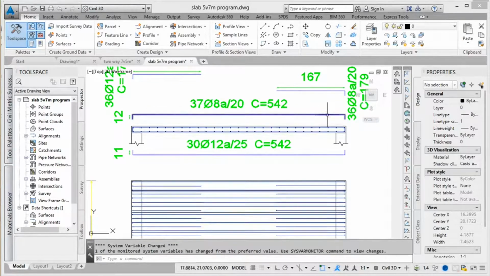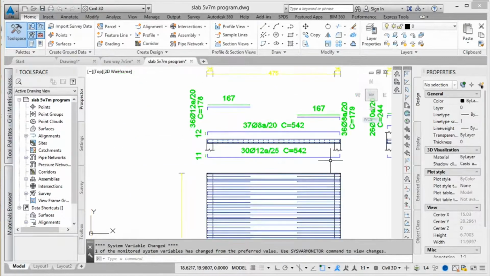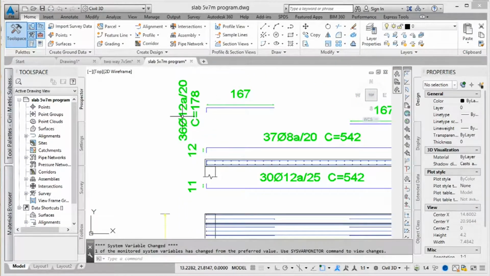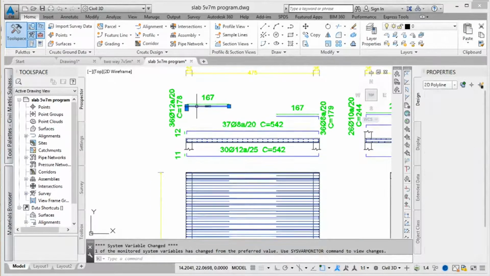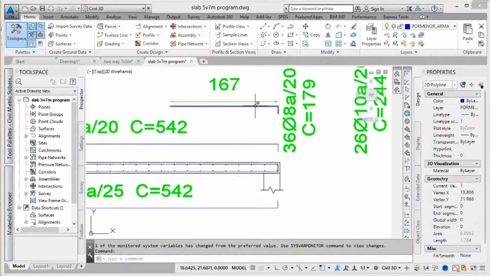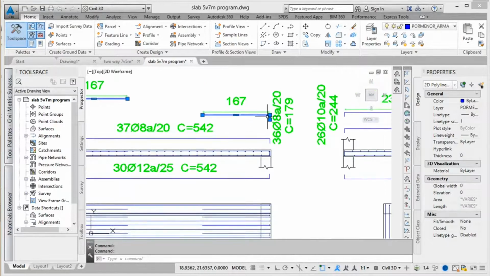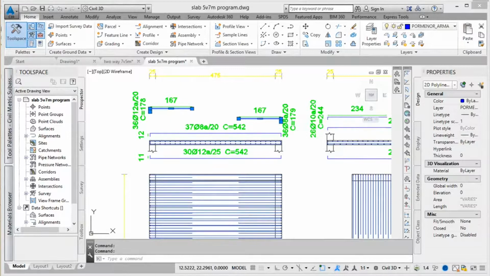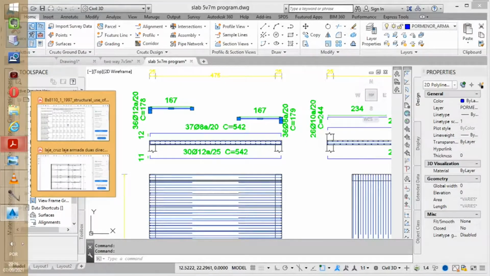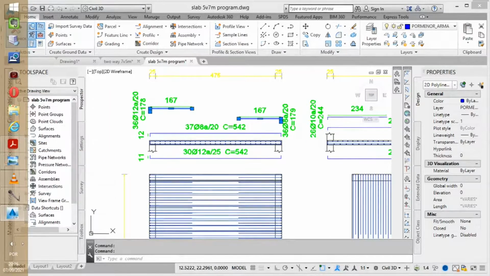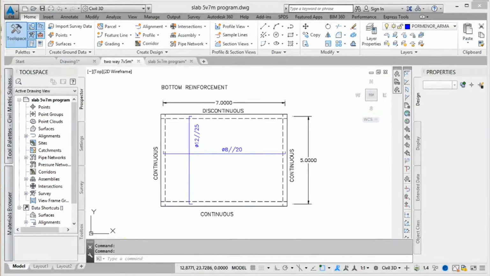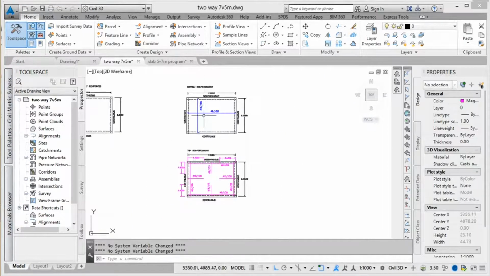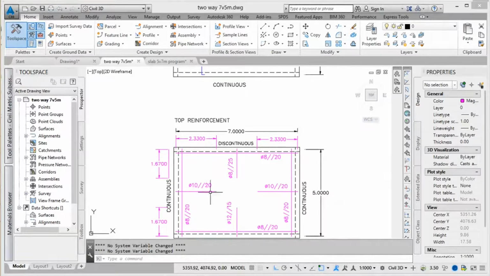Here on the top, in the shorter side, it gave us a diameter of 12 spaced by 20 on one side, and on the other side, it considered for this length 1/3 of 5, that is 1.67. When we look at our calculations, it's 167 in the shorter side, so it's exactly the same.